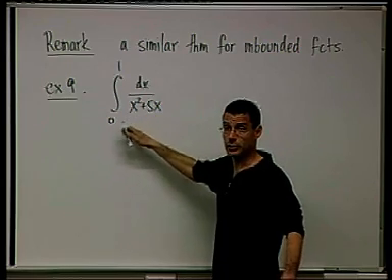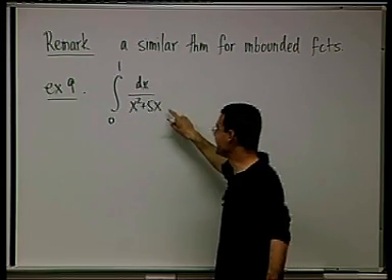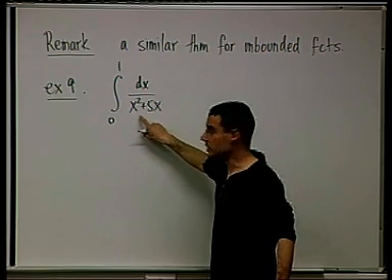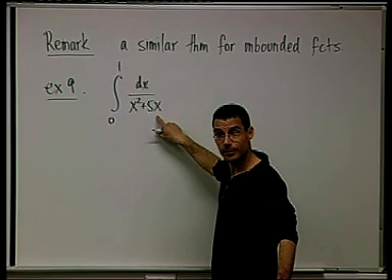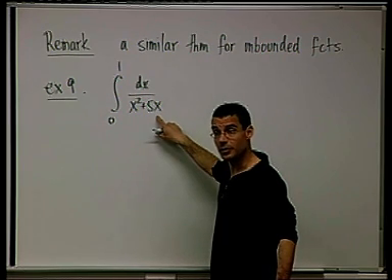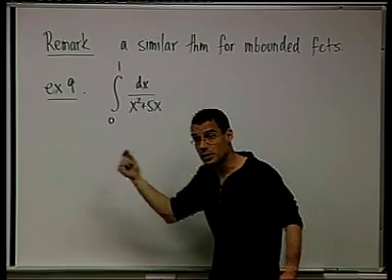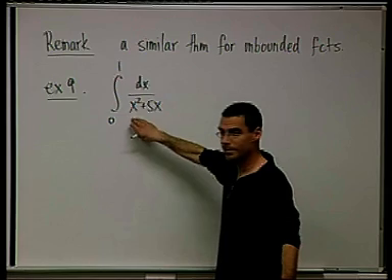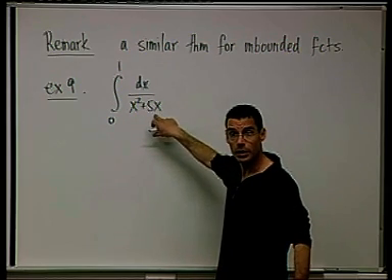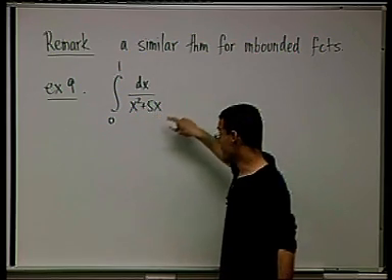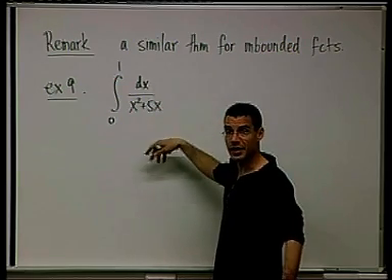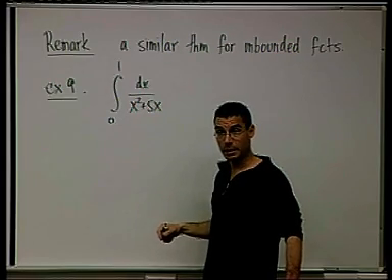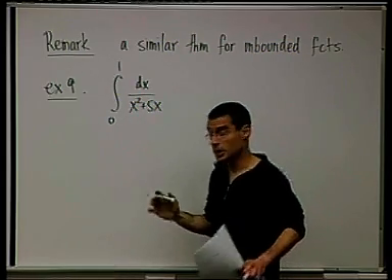This function is not bounded near 0. Which is the dominant factor near 0? Is it the x squared or the 5x? It's the 5x, right? When x is very, very small, x squared is extremely small, and this is the one that sets the tone. Do you agree? So I expect it to behave like 1 over 5x, or like 1 over x, which diverges. Right? So that's my intuition.